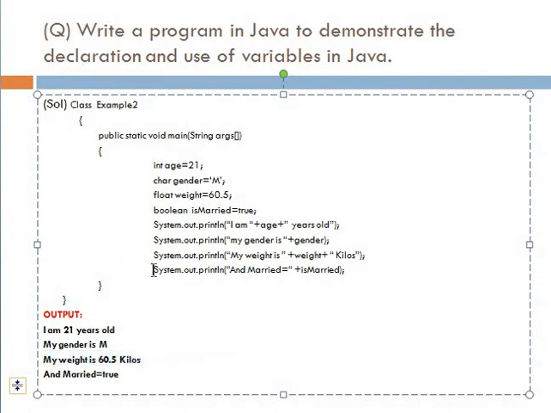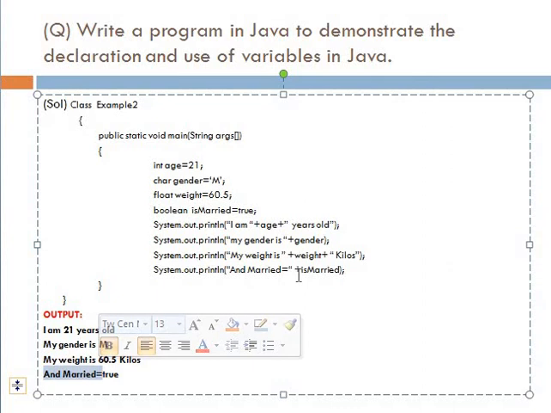And similarly, the last statement prints the text "and married equal to". Since this text is within double quotes, it's going to be displayed exactly as it is in the output, like this, and married equal to. Then with this text I am adding something to it with the help of this plus symbol.